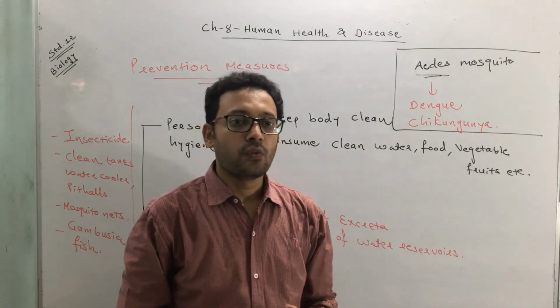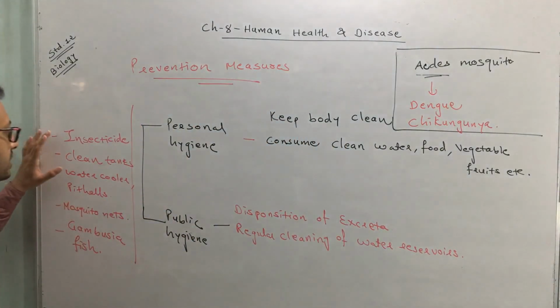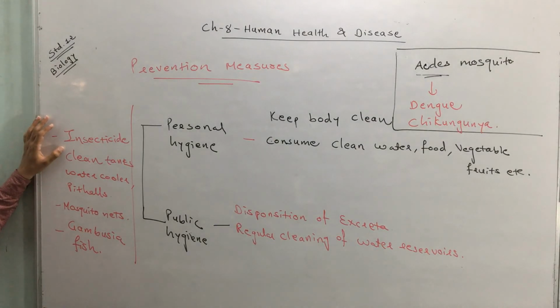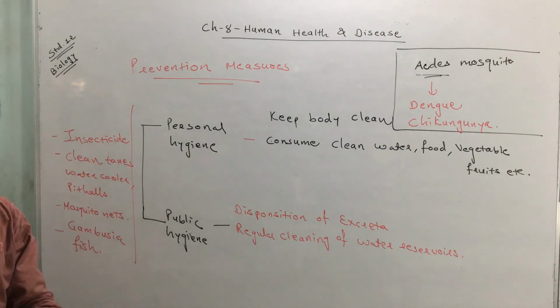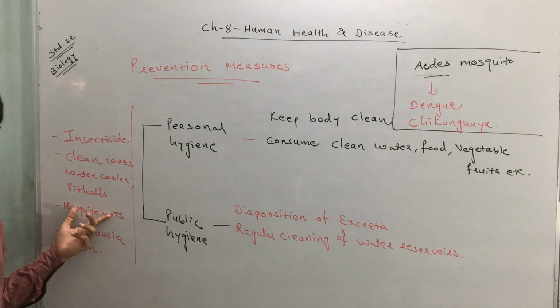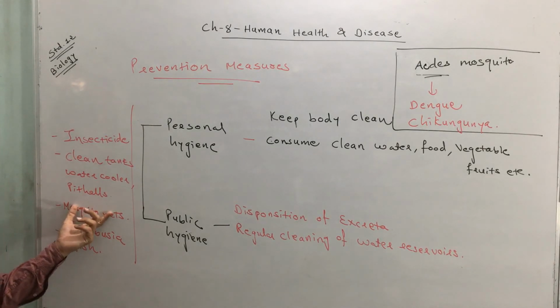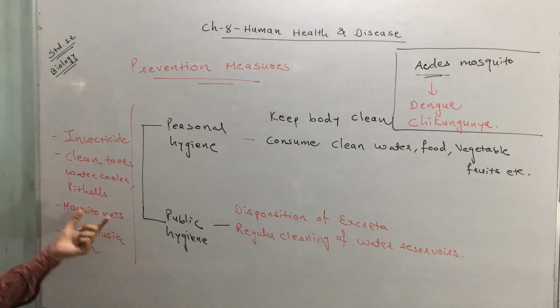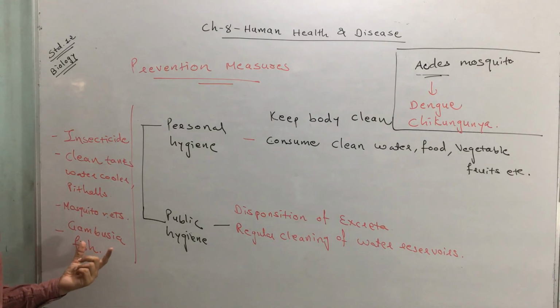So in case of vector-borne diseases, you have to keep control of insects, that may be flies or mosquitoes. How can you control them? By using insecticides, by regular cleaning of tanks, water coolers, and pit holes where there is a reservoir of stagnant water. You can also use mosquito nets because they prevent the entry of mosquito into your house, or use wire meshes on doors and windows, which also do the same.